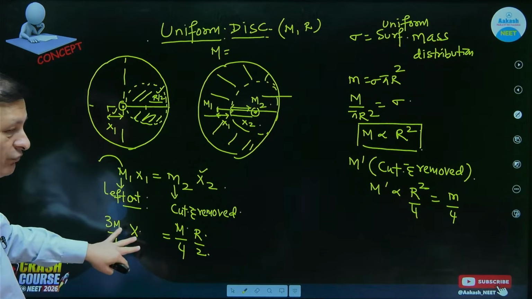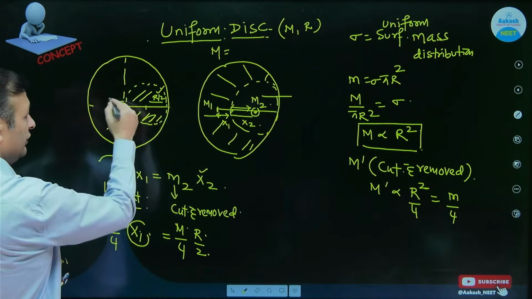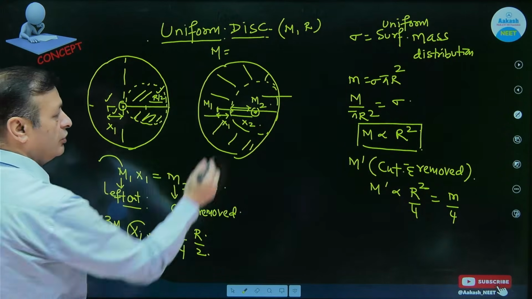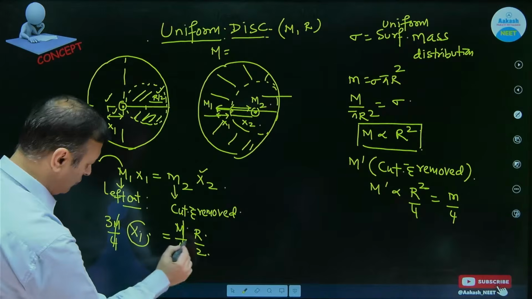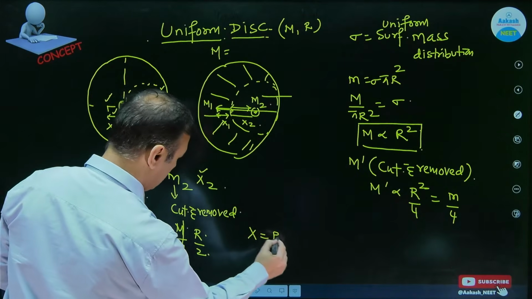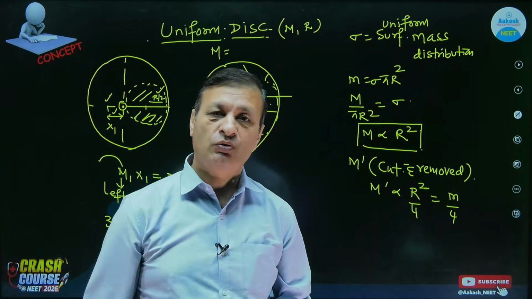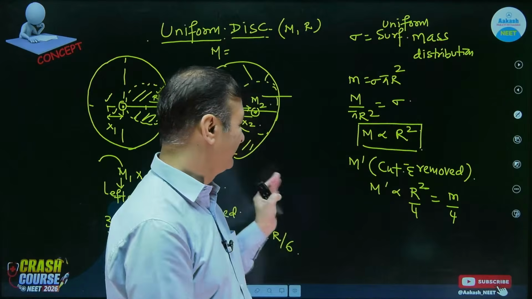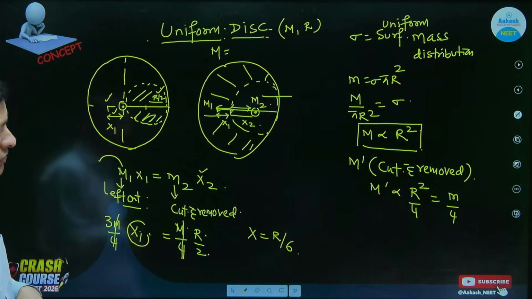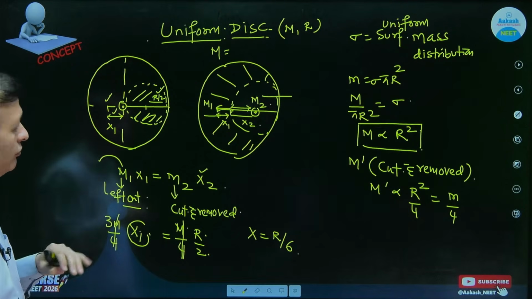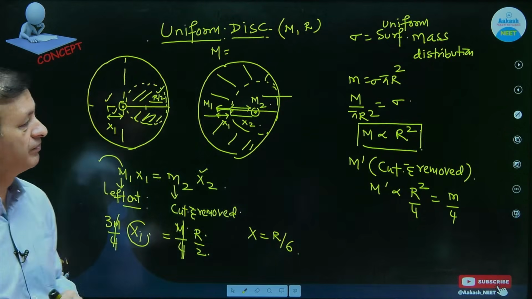We have to find out this x, the shift of the center of mass towards the heavier distribution. So x comes out to be r by 6. The center of mass will get shifted by 1 by 6 times its radius. This is a very famous numerical which has been asked a number of times, and now we have the way to attempt this in a very shortcut way.